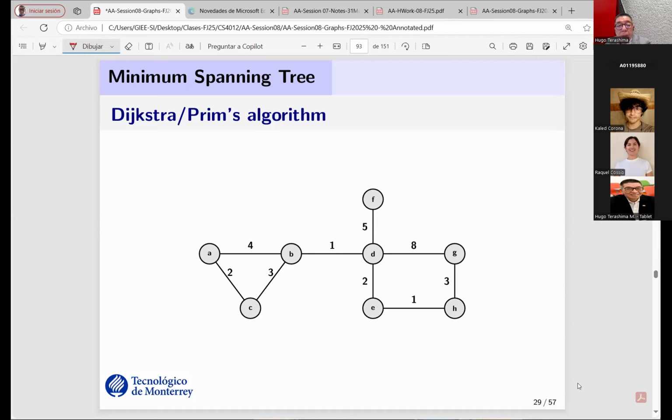Okay, so this is an example of the Dijkstra-Prim algorithm, right, for finding the minimum spanning tree. So it's going to start here, right? And then the frontier nodes are C and D. So from this, it's going to choose the minimum, right?